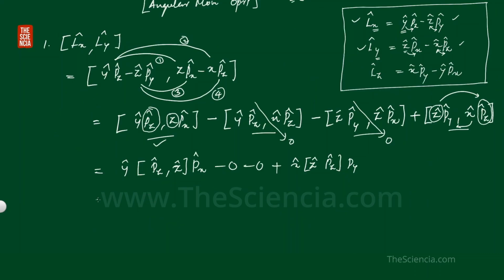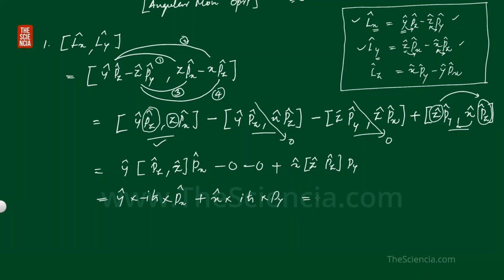So this is equal to y. We know the commutator bracket of [z, p_z] is iħ, and [p_z, x]... that is, the commutator bracket of p_z is minus iħ into p_x, plus x into the commutator bracket of z and p_z, which is iħ into py.